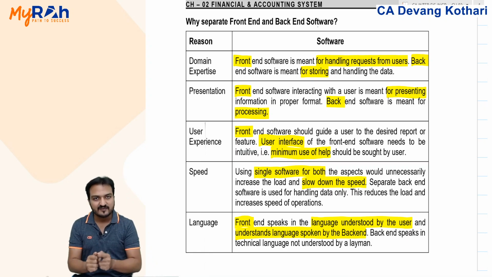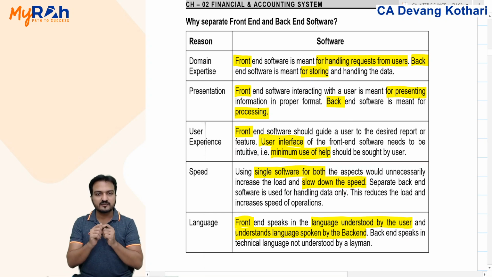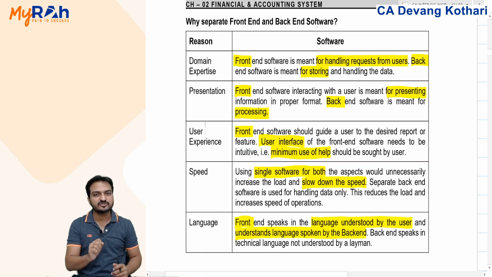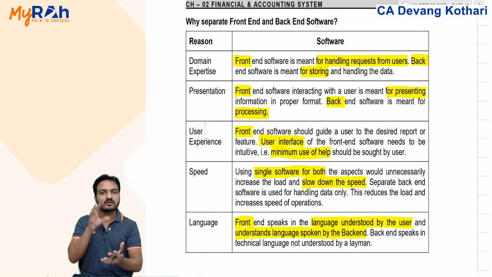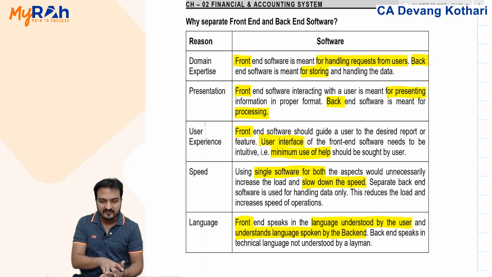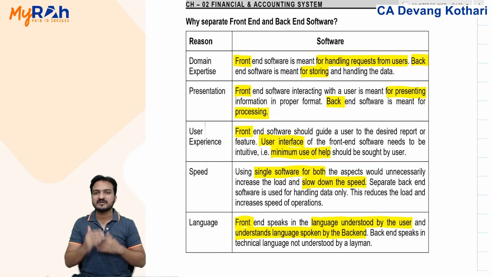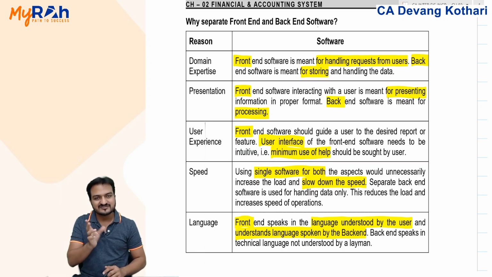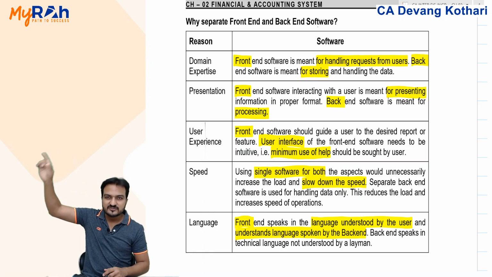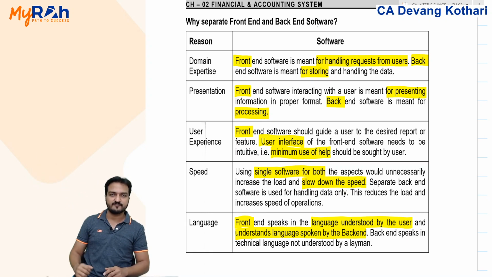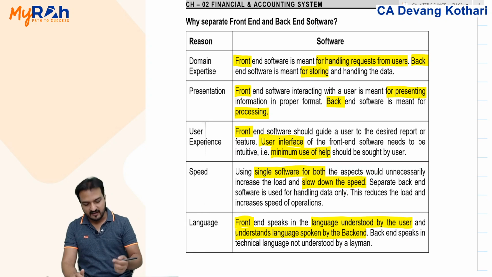When you search something on Facebook, is it the software in your phone which is doing the search? No. Your phone is just doing presentation. Your phone will just transmit your search to the Facebook server. Software inside the Facebook server will do the searching. That is the backend software.